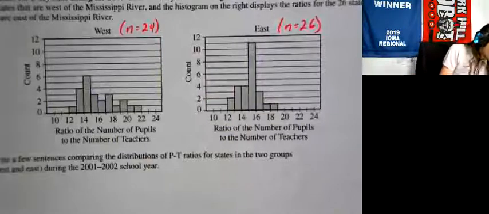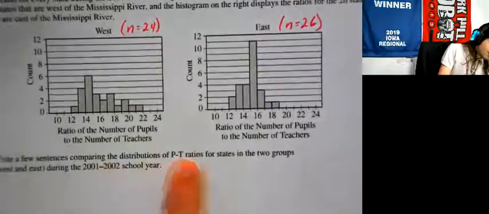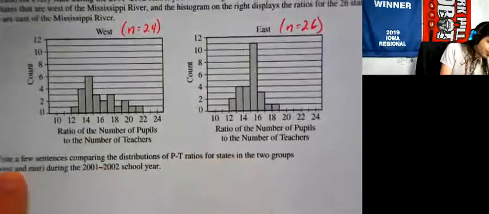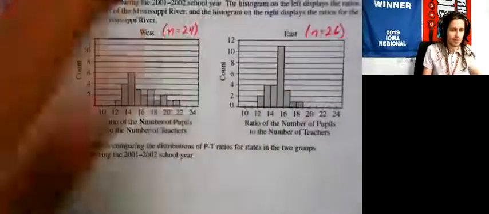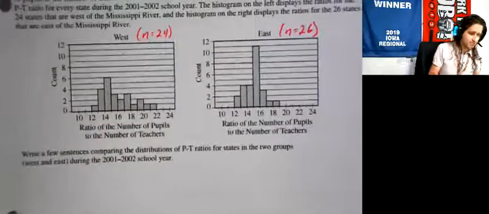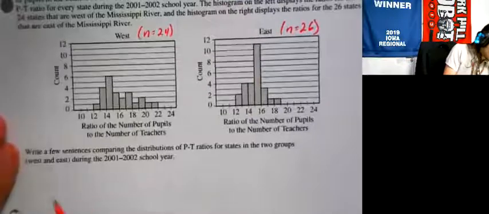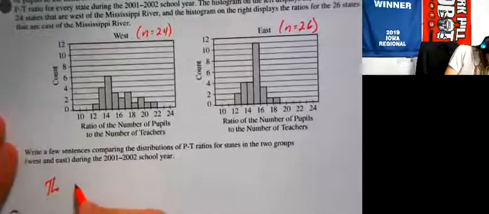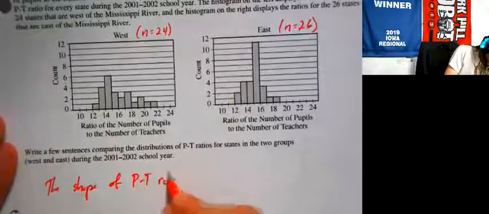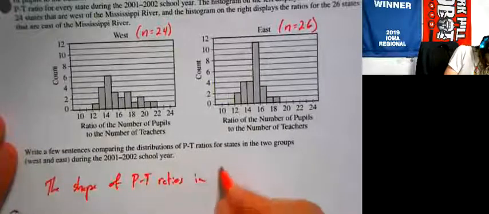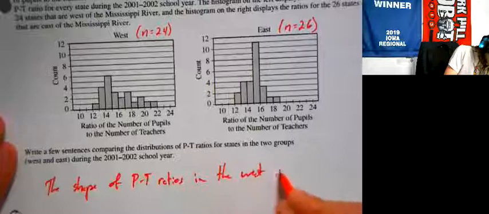All right, so write a few sentences comparing the distributions of pupil-teacher ratios for the states in the two groups during the 01-02 school year. A few sentences, great. Shape, outlier, center, spread. What do you see here? The shape of PT ratios in the West is what?